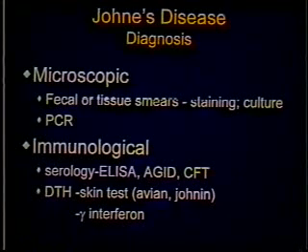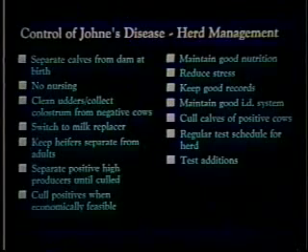We also have developed a number of serologic tests attempting to look for antibodies that may be specific against these organisms. The culturing is quite laborious and may not always be positive in the affected animal.